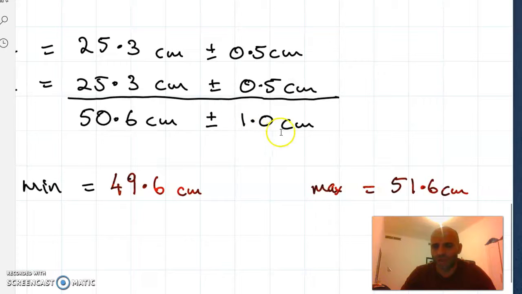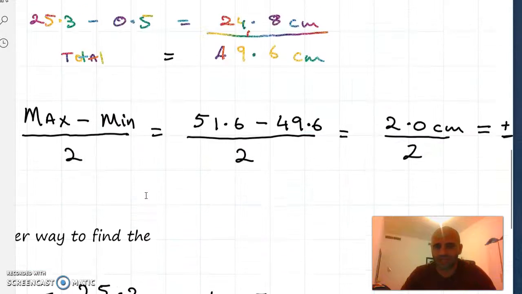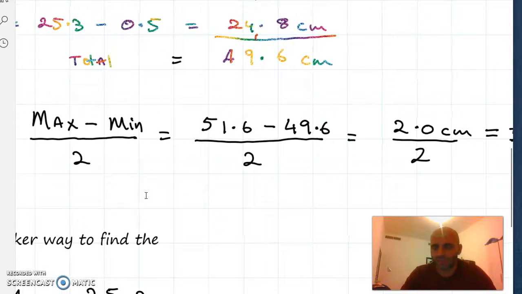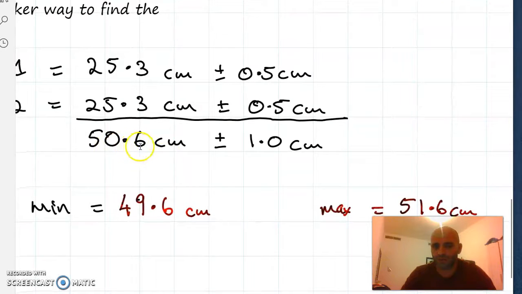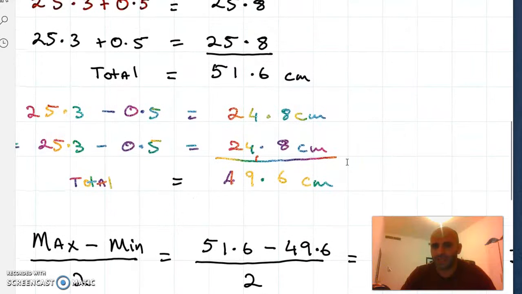If we were to subtract the centimeter off of the 50.6 centimeters, then I'd have 49.6 centimeters, and that's the same as what I got for the minimum, okay? And if I was to add that centimeter onto the average, then I'd have 51.6, and that's the same as what I got when I took the two maximums, okay?